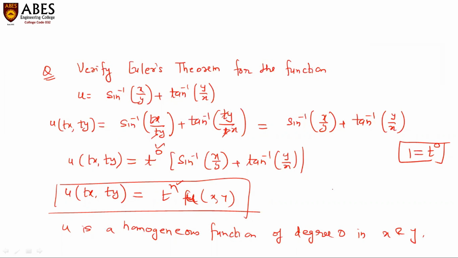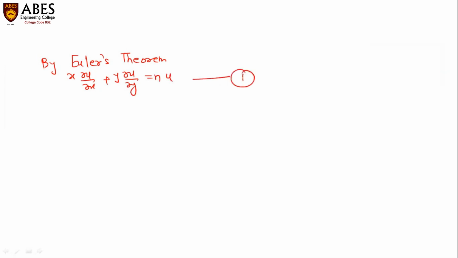Now we can apply Euler's theorem, because if a function is not homogeneous, then we cannot apply Euler's theorem. We know that by Euler's theorem, x del u del x plus y del u del y equal to n u, equation number one.